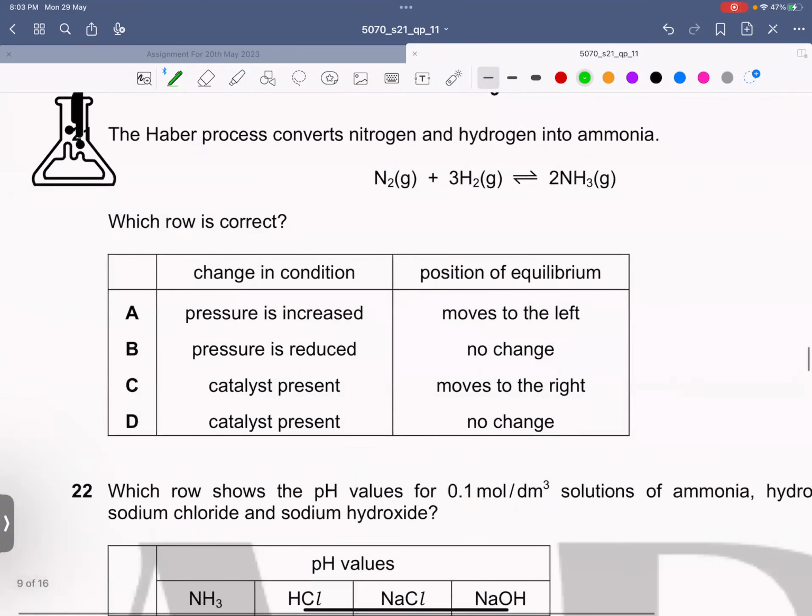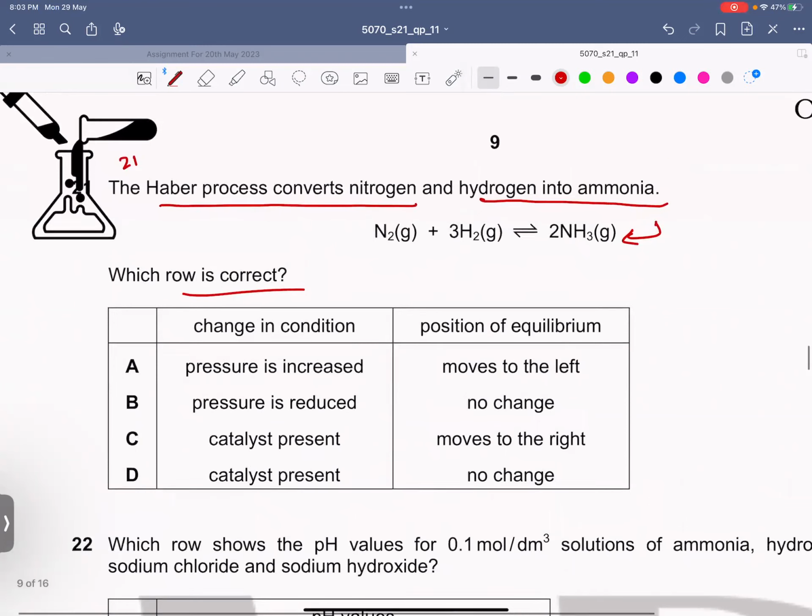The Haber process converts nitrogen and hydrogen into ammonia. Here we have a chemical equation; which row is correct for change in condition and position of equilibrium? If you recall, delta H, the enthalpy change for this reaction, is negative.